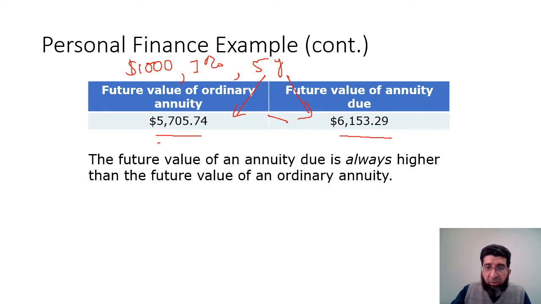The future value of annuity due will always be greater than the future value of ordinary annuity. It is because there is an additional (1 plus R) factor multiplied, which means the last investment remains invested for one more year in the timeline, as per TVM.